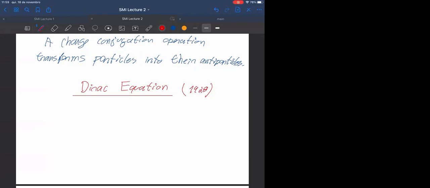I can describe non-relativistic electrons, without talking about the spin, with the Schrödinger equation, which is linear in the time derivatives. I will write it again: i d/dt of a certain state equals a certain Hamiltonian acting on psi. This is our Schrödinger equation again.